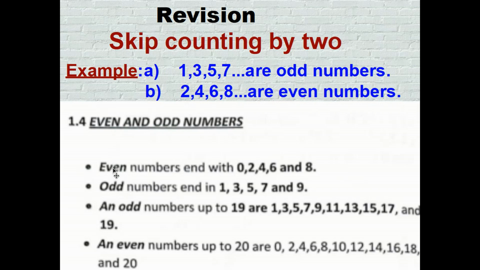And when we say odds, they are numbers ending with 1, 3, 5, 7, 9. Here you have some examples of odd numbers, and also even numbers. This is what we have seen last time.